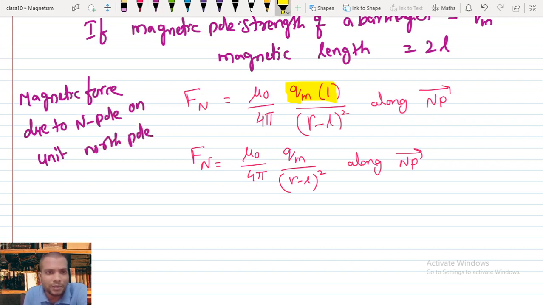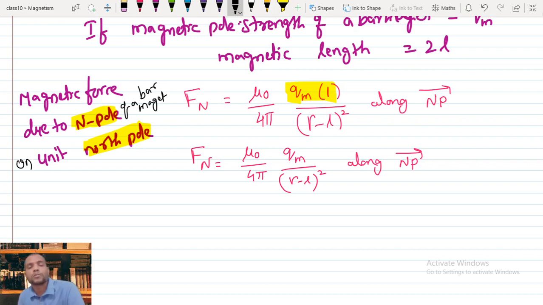Try to get the difference between these two terms, north pole and unit north pole. Here, precisely, it is the north pole of a bar magnet on the unit north pole. Now this time I will write it clearly here.